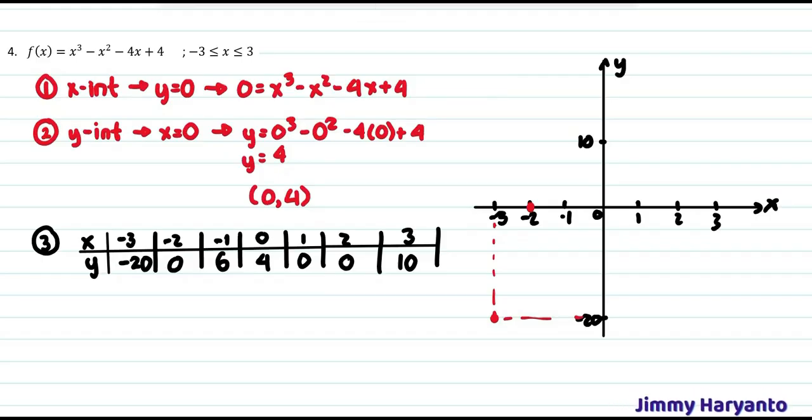And then (-1, 6), maybe around there, and then (0, 4), and then (1, 0), (2, 0), and then (3, 10). Okay, so we only have to connect them like this. Just keep in mind that it has to be symmetrical. It has to look very good like this. Now, this is our graph.